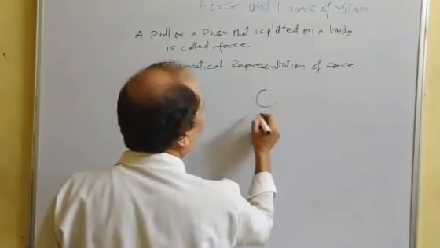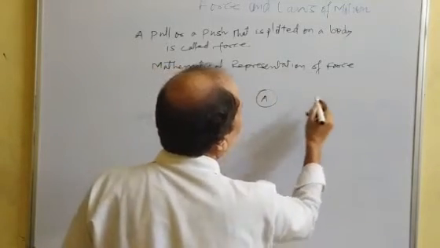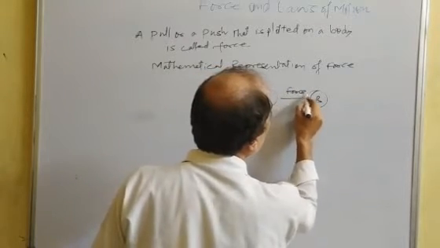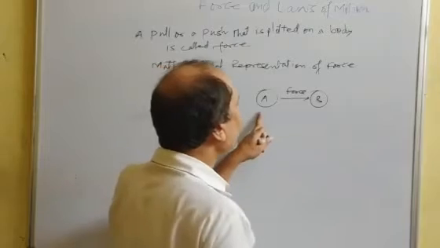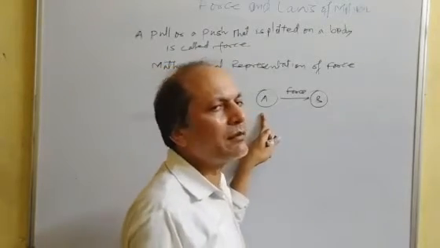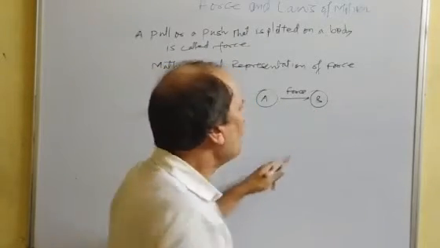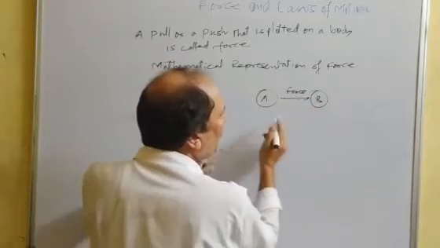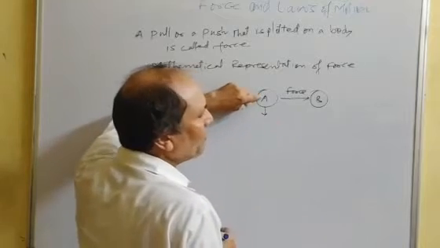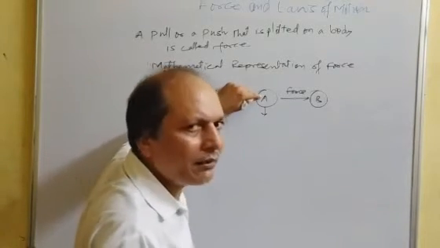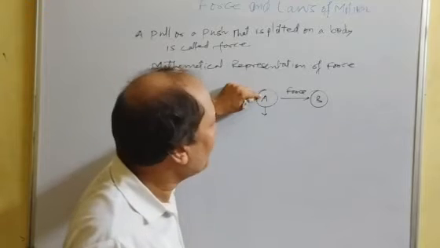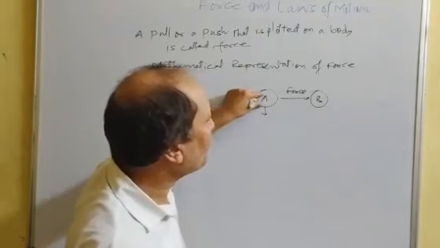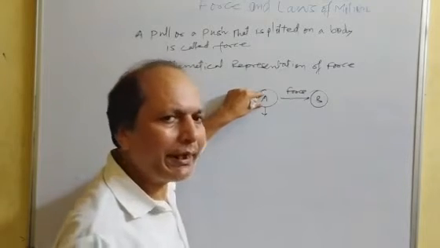Suppose a body A applies force on body B. Then the force applied by body A on body B will be equal to the magnitude of the mass of body A and, due to colliding, the rate of change of velocity of body A.